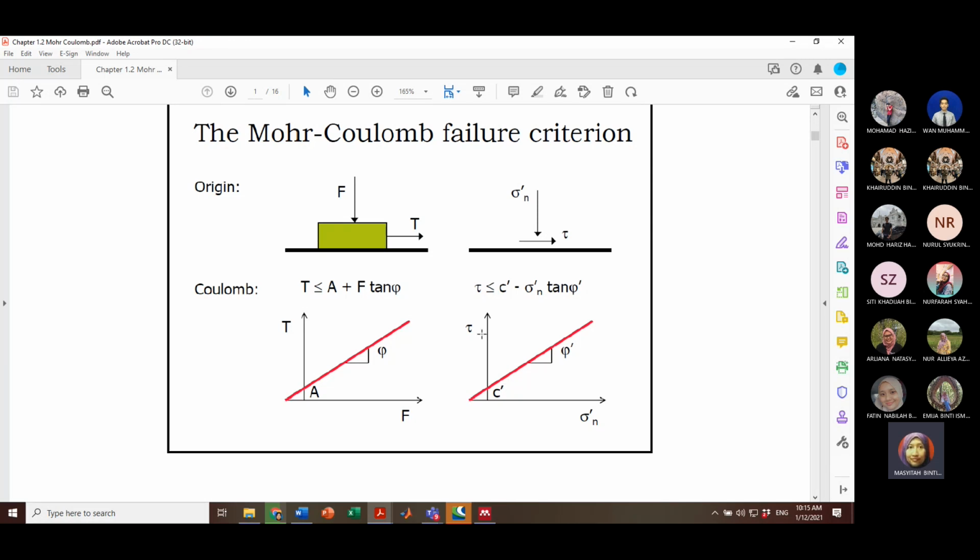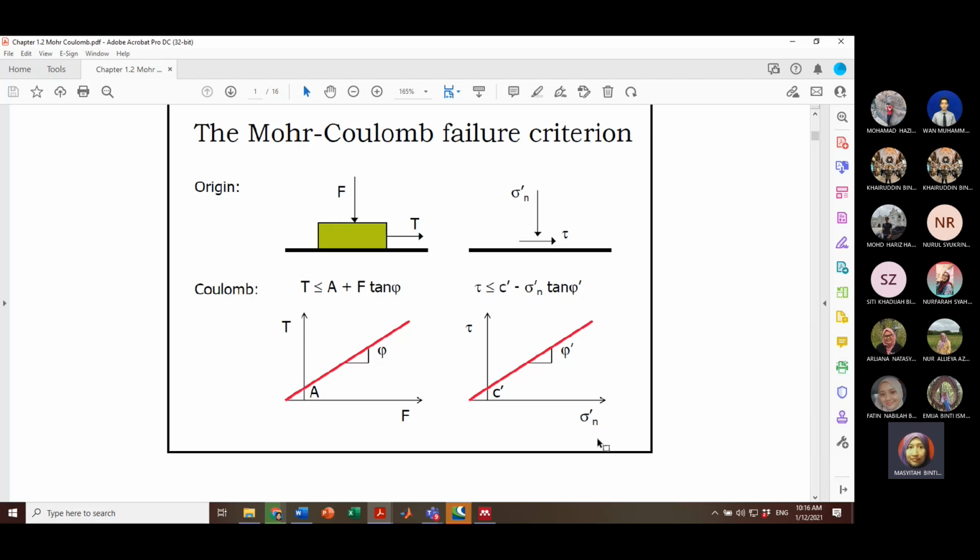When you plot shear stress versus effective normal stress, you get the parameters effective c and effective phi. The effective c is the intercept on the shear stress axis. The similar thing applies when you present it in terms of the shear force T and the normal force F.